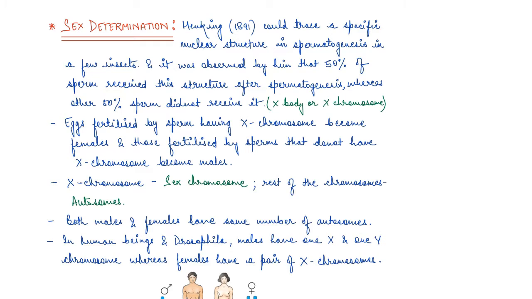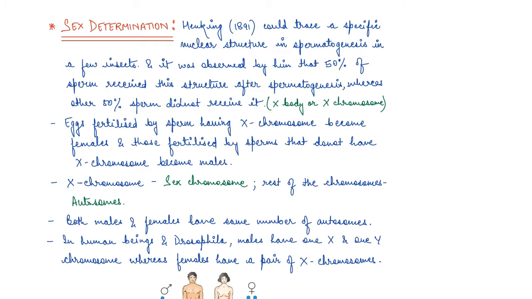Now the eggs fertilized by sperm having the X chromosome became females. What he saw was that the eggs fertilized by sperm with the X chromosome became female, and those fertilized by sperm which do not have the X chromosome became males.